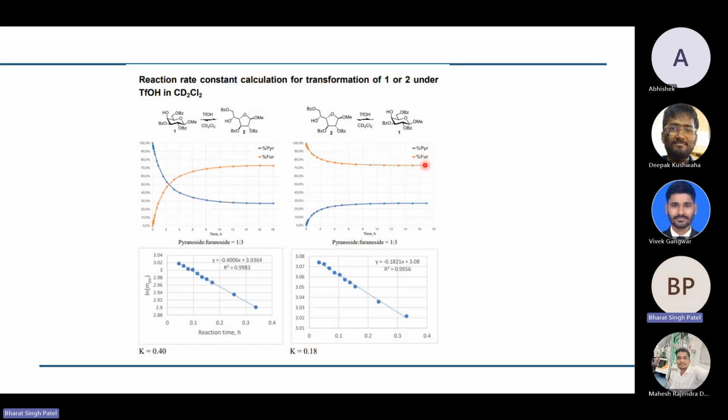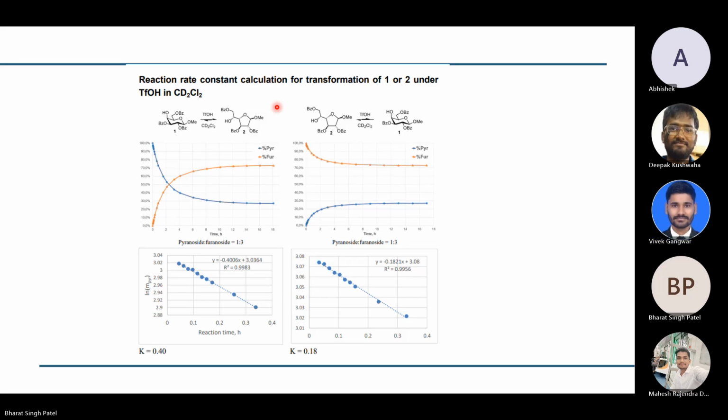So the concentration of the furanoside only went up. That means the pyranoside is more stable compared to the furanose, and the rate of conversion of furanoside to pyranoside is less compared to pyranoside to furanoside.